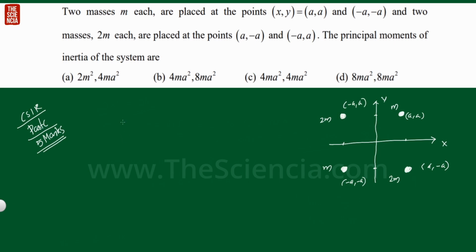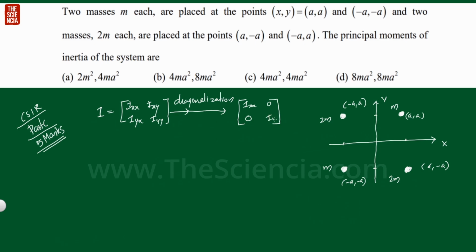In the first method, what we did was find the moment of inertia tensor, that is Ixx, Ixy, Iyx, Iyy. Then we did diagonalization, right? And after diagonalization, what did we get? We got the principal moments of inertia. So Ixx is there, Ixy is 0, this is 0, and Iyy is there.